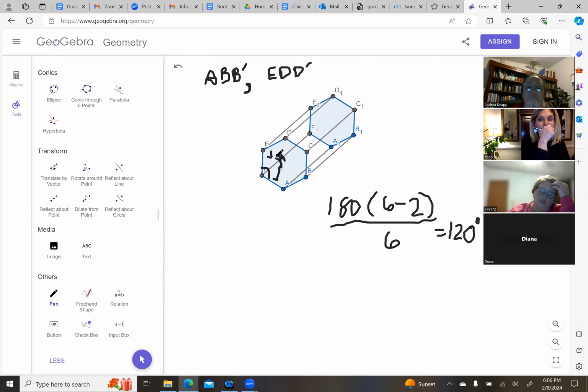Could you also look at it like the whole thing would be 360 degrees around it and then divide it by how many sets of faces there are? Like if you were looking at this point, 360 degrees around that point, is that what you mean? Around the whole hexagon? Yes.